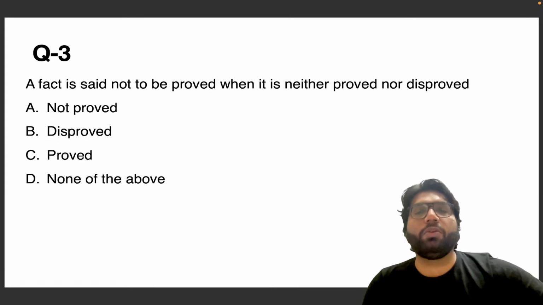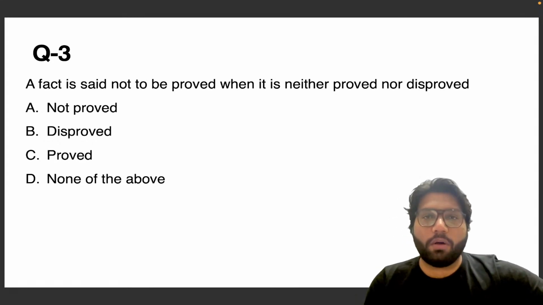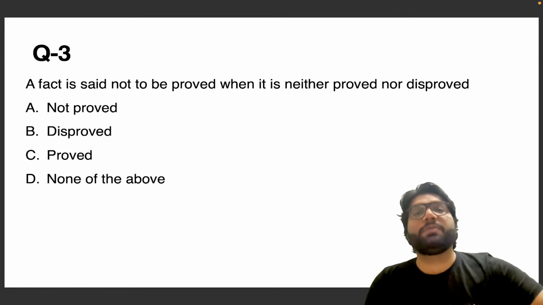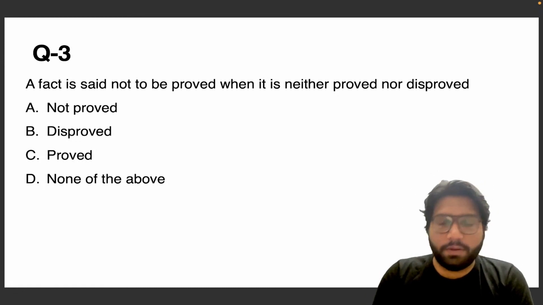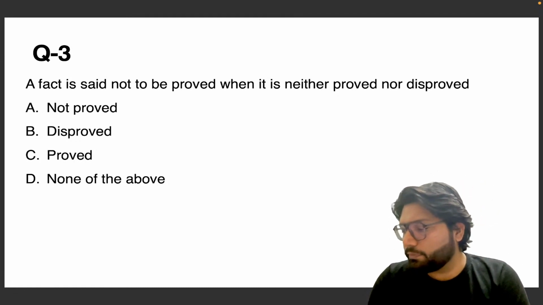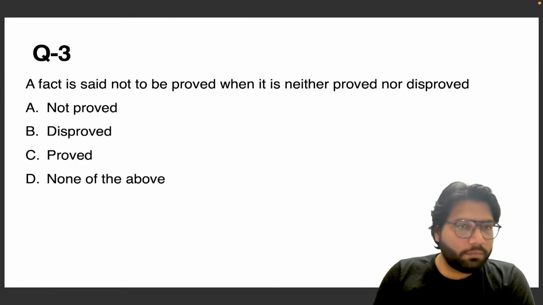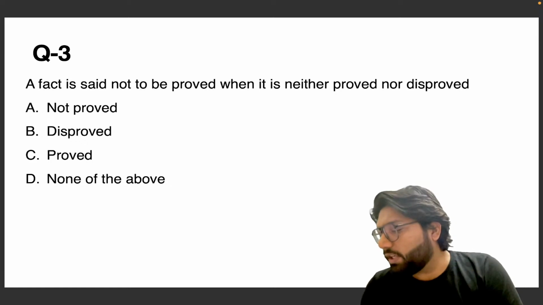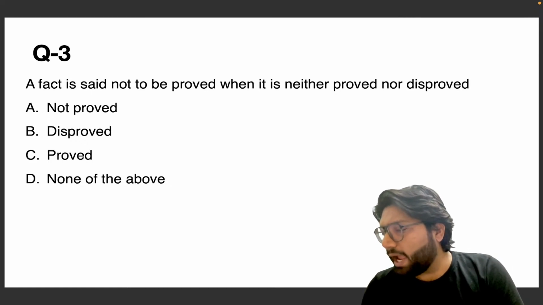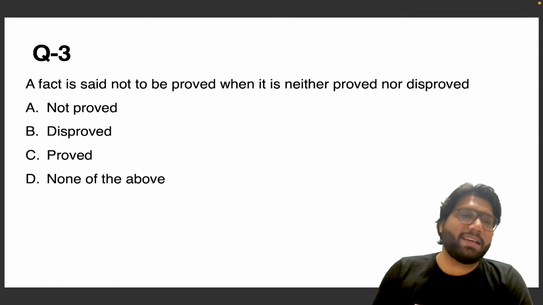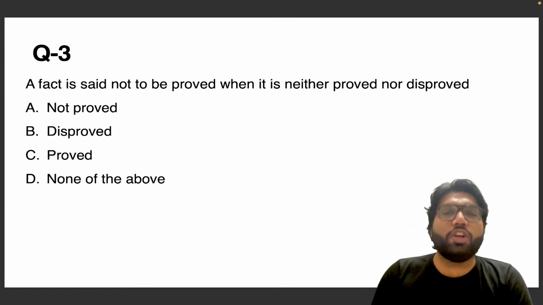Make sure that you know the concepts of each and every term that has been mentioned in section number 3. First one to answer, Sapna, followed by Mosmi and Shivani. And the answer is correct, students. This is the situation of not proved.